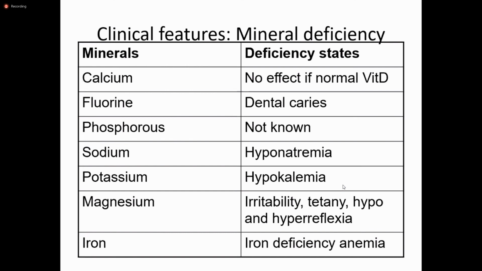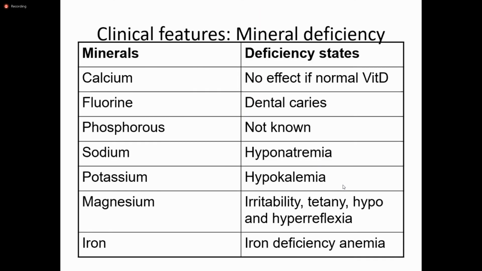So calcium, there is no effect if vitamin D is normal. It will normalize the calcium level. Fluorine, it can lead to dental caries. For phosphorus, exactly not known, but it is a cofactor. It is related to bony growth. Sodium, potassium, magnesium, iron. So these are various minerals.